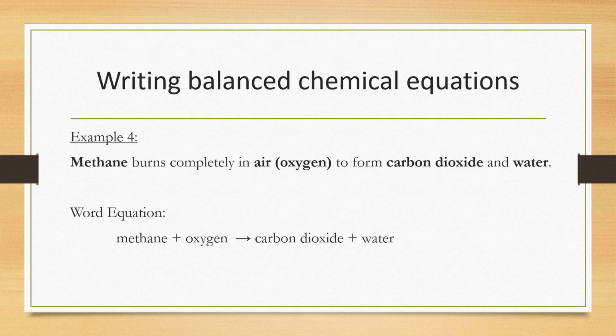Let's have a look at another example. The combustion of methane. Methane burns completely in air to form carbon dioxide and water. Note, during combustion, a substance reacts with oxygen.